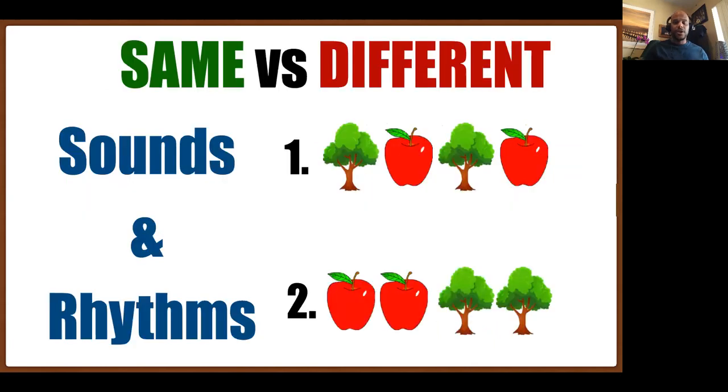Let's take a look at another rhythmic example from our beloved apples and trees, baby. Let's see. Number one, tree, apple, tree, apple. Number two, apple, apple, tree, tree. Are they the same or are they different? You can look at it and tell. They're different.